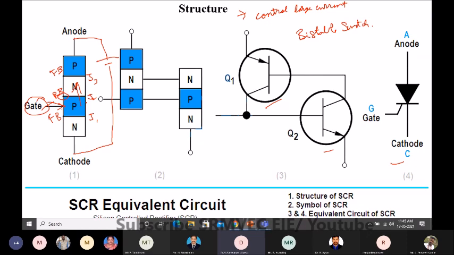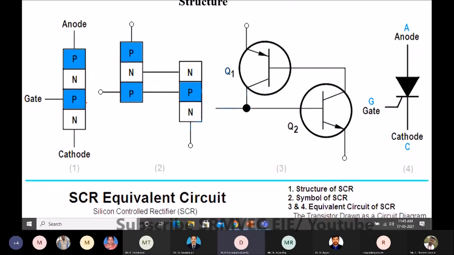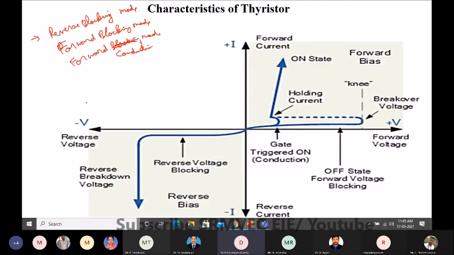In forward bias, even though the diode is forward bias, you cannot have a change in the J2 junction, that means forward blocking. In reverse bias, completely you cannot have current conduction. In forward, the voltage is forward bias, but J2 alone is reverse bias, so it is blocking the current flow, so it is called forward blocking mode.